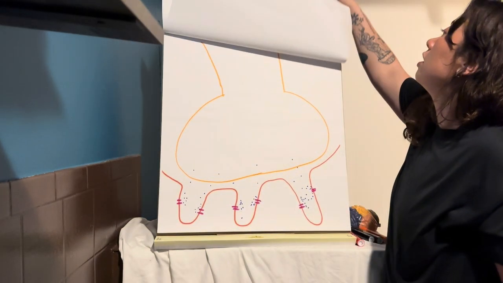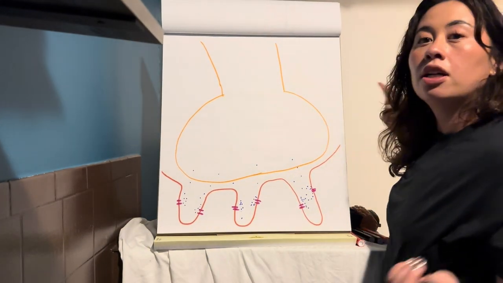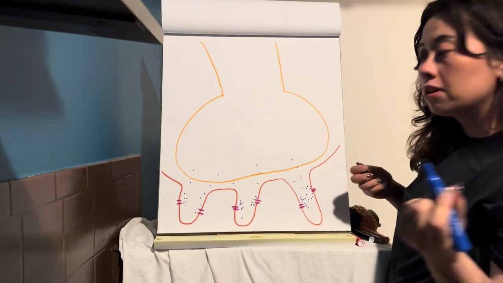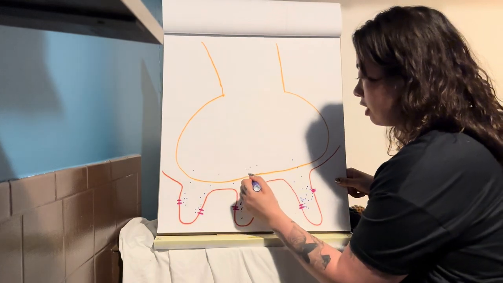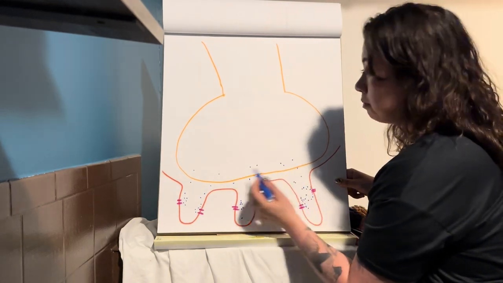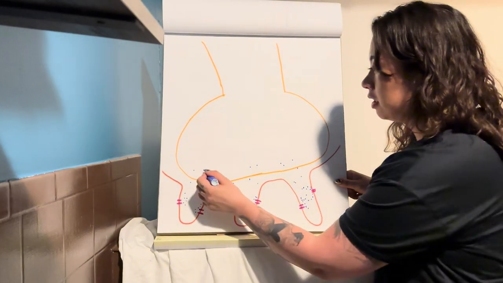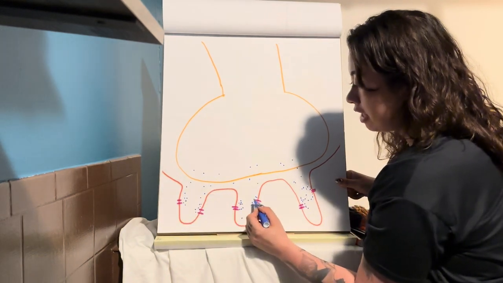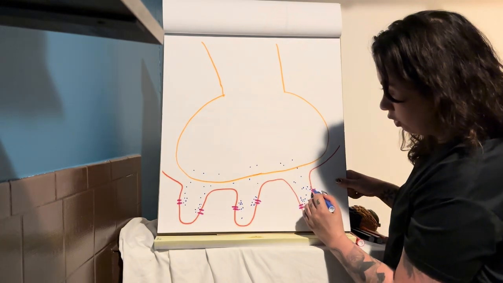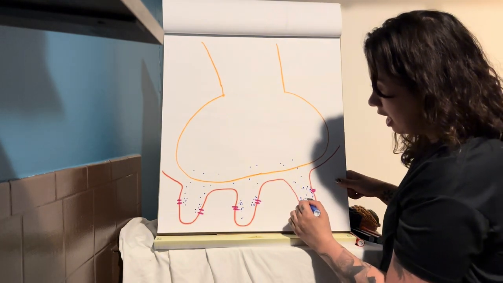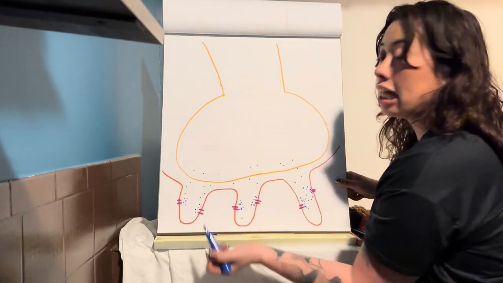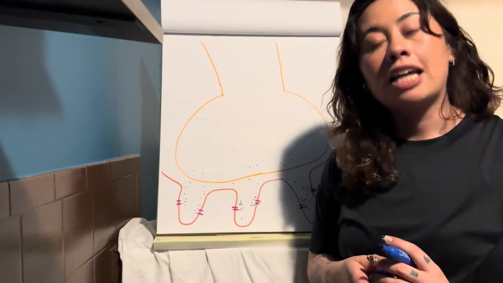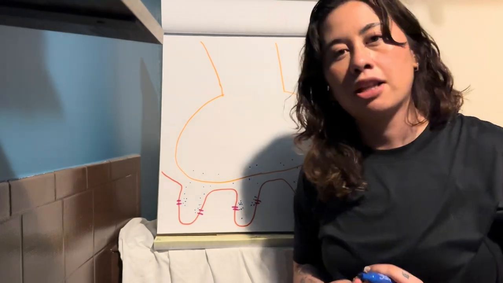Once we get to the neuromuscular junction, the motor neuron, pictured here in orange, then releases acetylcholine into the muscle fiber, pictured in red right below. The acetylcholine binds to receptors in the muscle fiber, these little purple spots here, and that binding then triggers a muscle contraction. That contraction is the end of the lower motor neuron pathway.